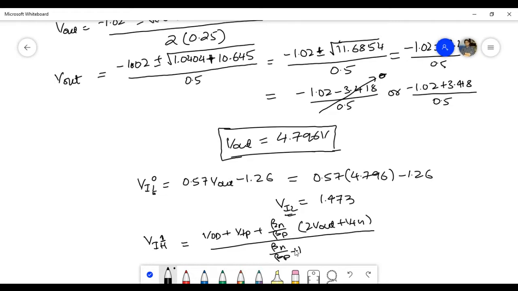What is the difference between this and the previous thing we used? There, it was V out in place of VDD; this term was added with 2 V out here.